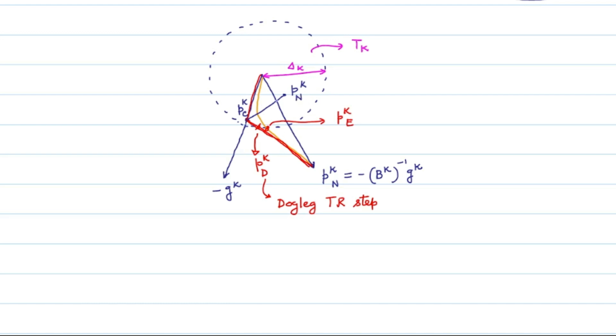No, such a case will not arise. We can prove that the distance from the center of the trust region to the Cauchy point is always less than or equal to the full Newton step.